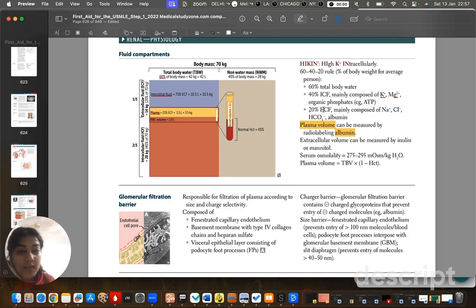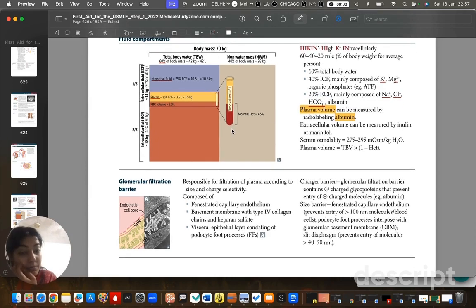Then outside the cell, extracellular fluid, you've got the sodium, chloride, bicarbonates, and albumin. So how you measure the plasma volume here is you measure the albumin in it, by radio labeling the albumin.